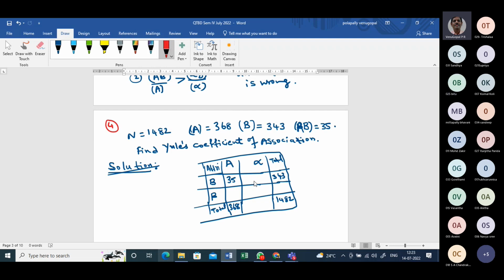Yes, sir. So 343 minus 35 is 308. 1482 minus 343 is 1139. 1482 minus 368 is 1114. 1114 minus 308 is 806. 368 minus 35 is 333.